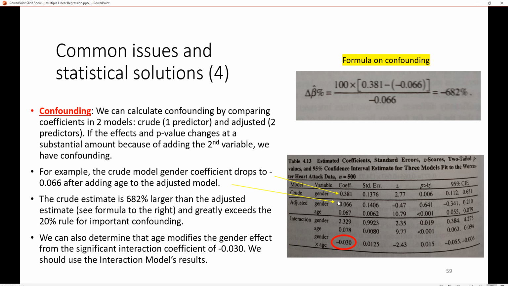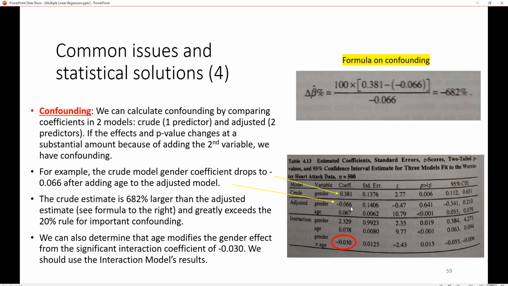So if we look at the table on the bottom right, we see three models: the crude, the adjusted, and the interaction model. The crude model on top has gender. That coefficient is 0.381. And this is the model for gender, and when we add in age to that model, that coefficient goes from 0.381 to negative 0.066.